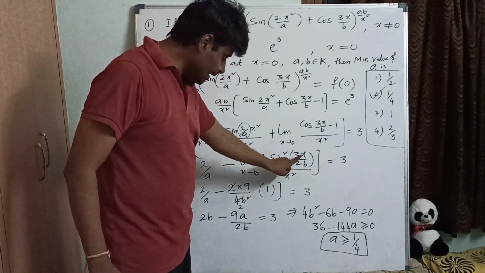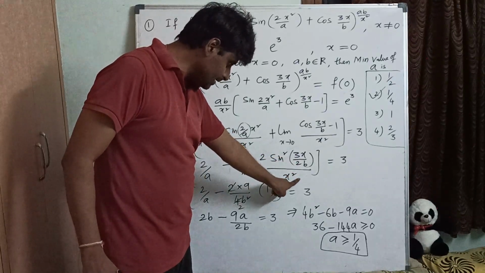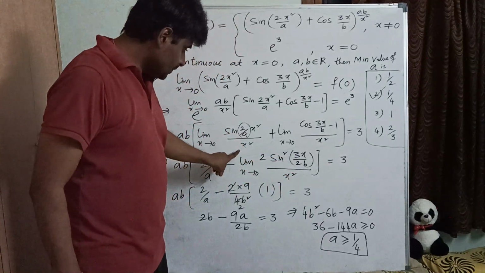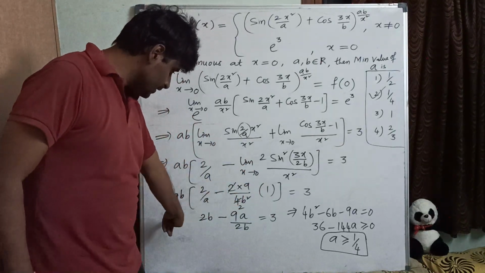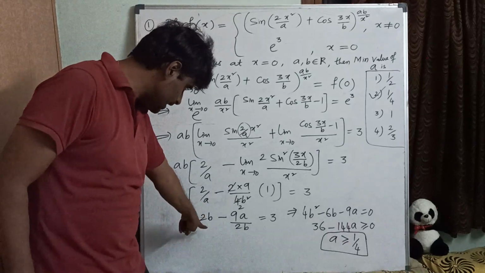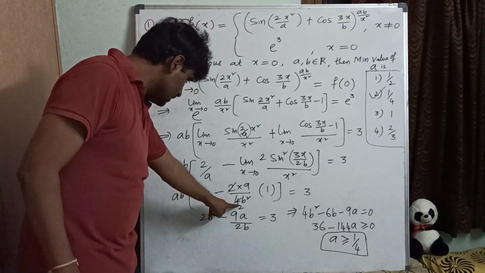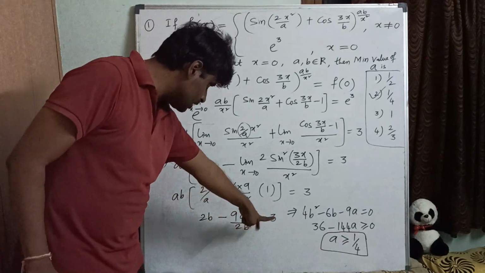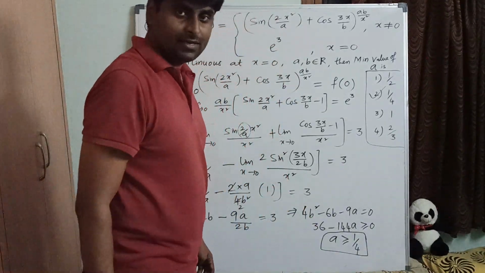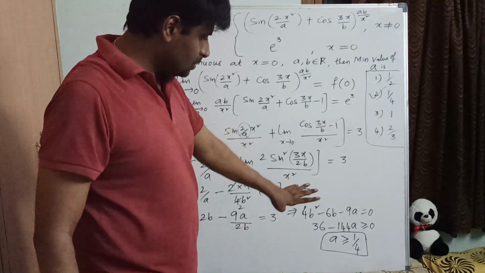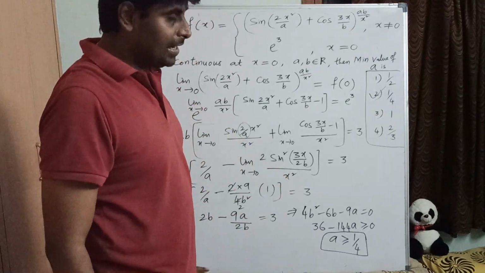So 9 by 4b square. Here down multiply, here up also we need to multiply. That will become 1. So finally we will take a b inside. a gets cancelled, 2b. Now here 1 b cancels. So 9a by 2b equals 3. Simplify that, we will get a quadratic equation in b. Finally by solving that we will get the possible value of a.